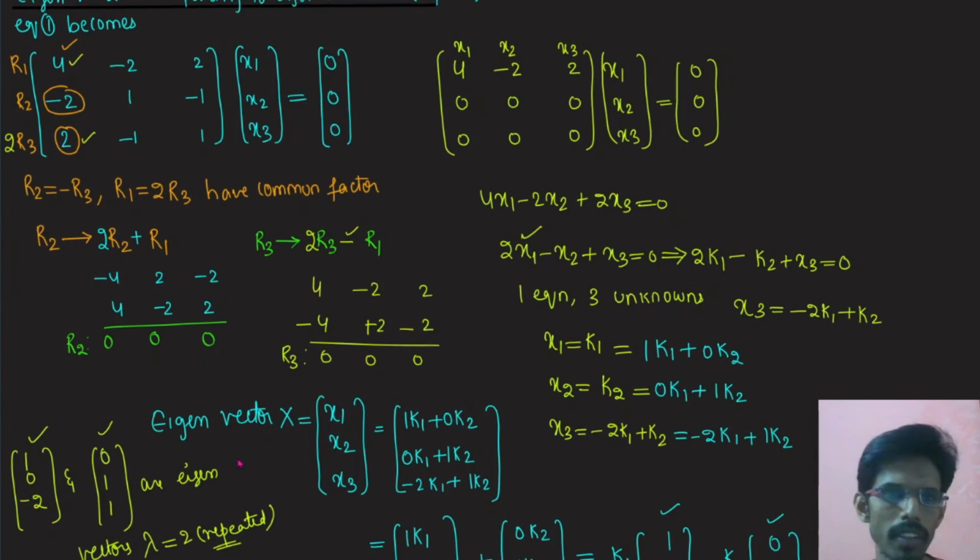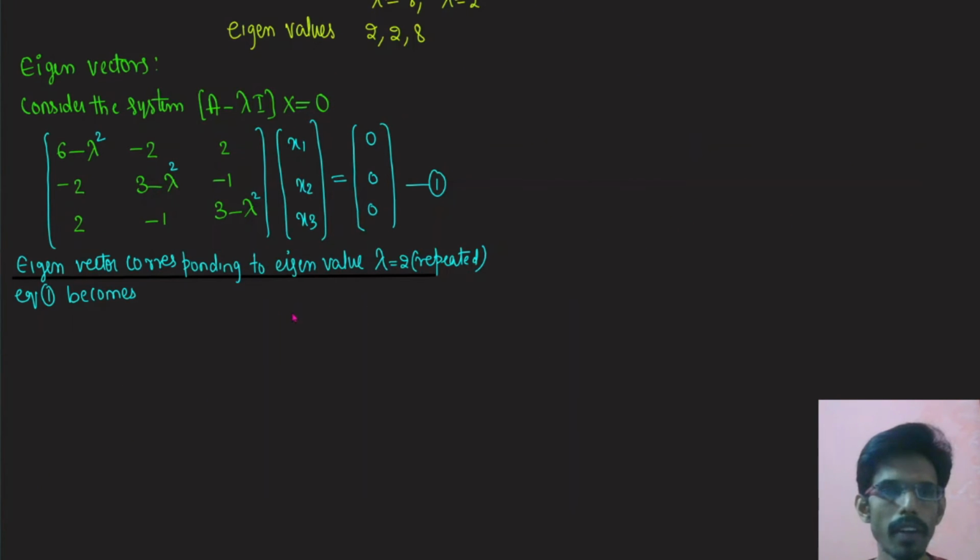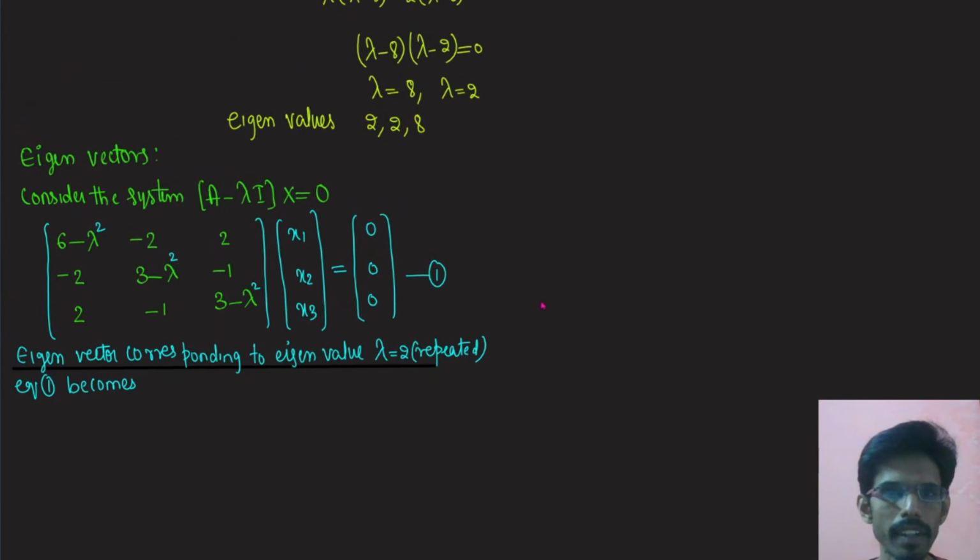Now we find the eigenvector corresponding to lambda equal to 8. Put lambda equal to 8 in this equation 1.